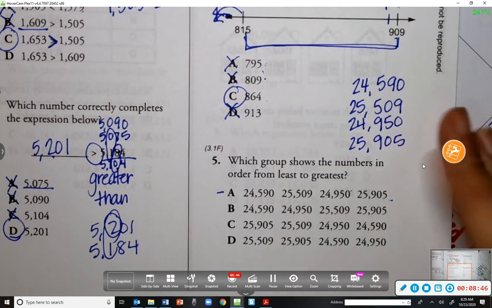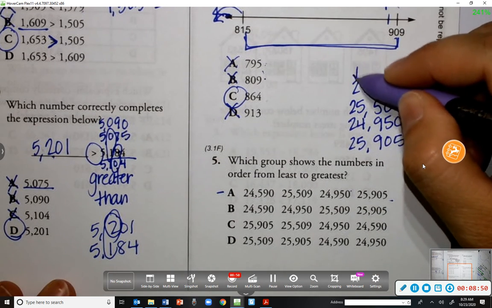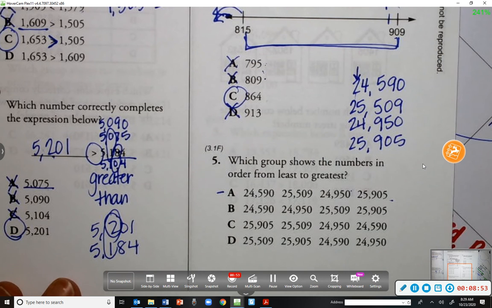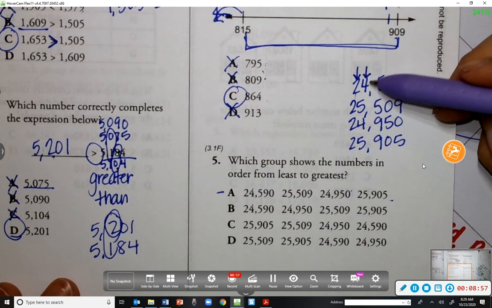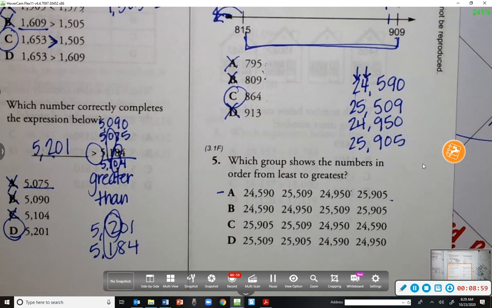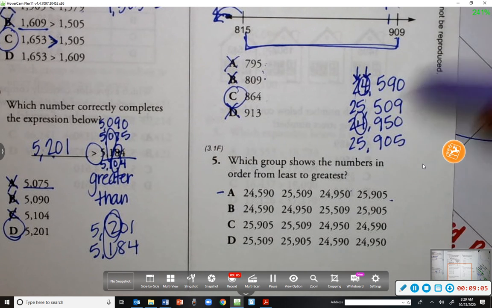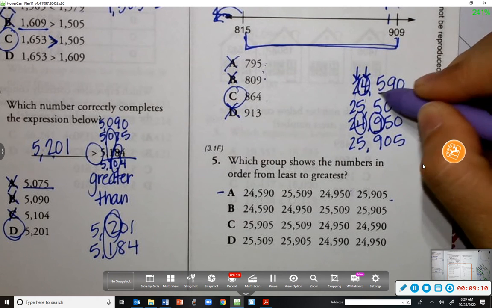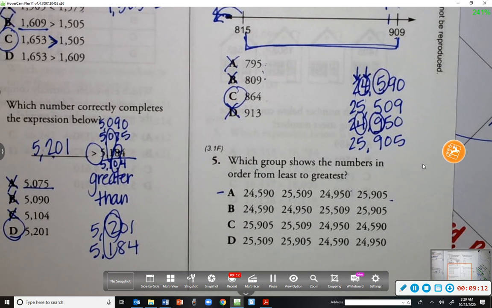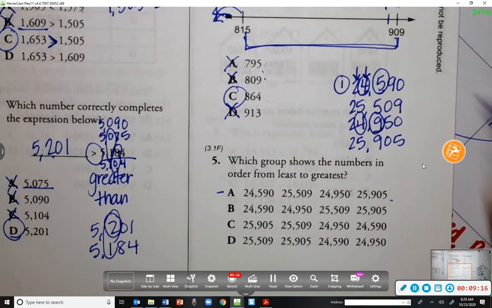Now I'm going to start from the front and figure out which one's the least. Can I tell which one's the least by looking at the 10,000s place? No, so we go on to the thousands place. Can I tell which one's the least? Yes. Well, we can narrow it down to the 2 with the 4s, right? But then we still need to go over to the next place. I have a 9 and a 5. Which one's the least? The 5. So I know this one should be in the front.